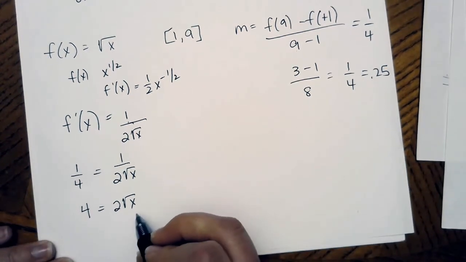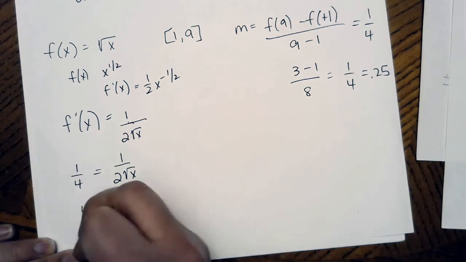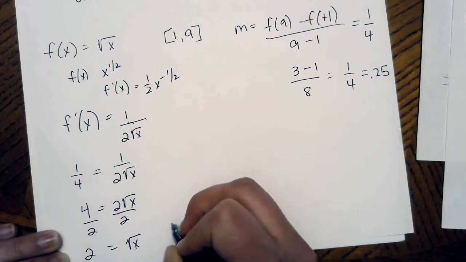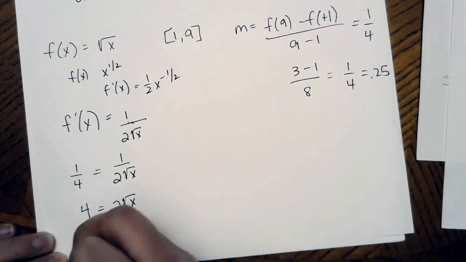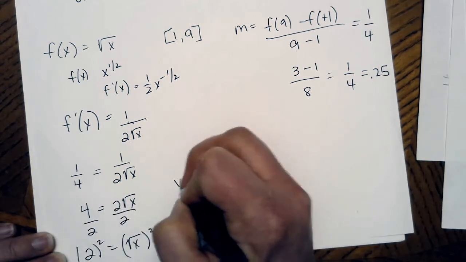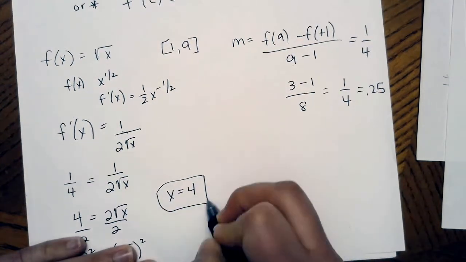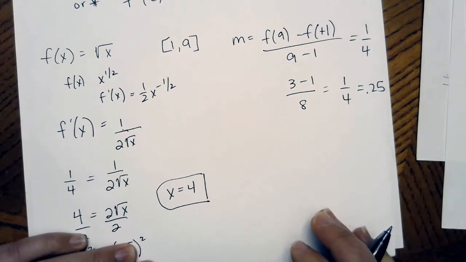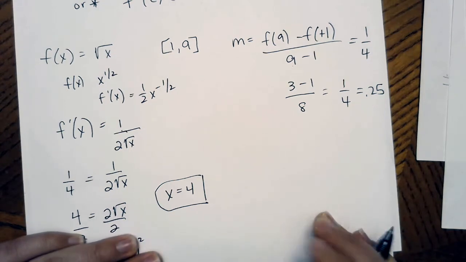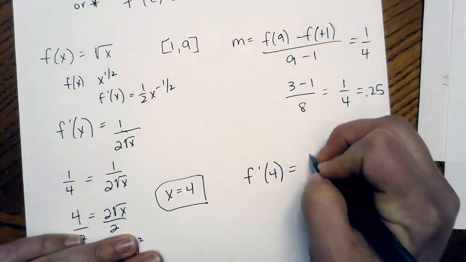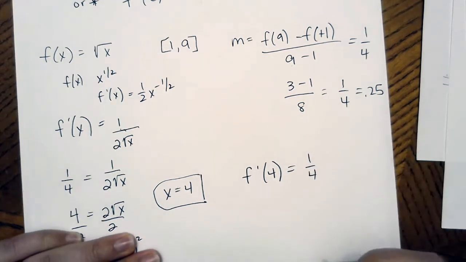To solve for the square root of x, we divide both sides by 2, and we end up with the square root of x equal to 2. To get rid of my square root, I'm going to square both sides, and I get x equal to 4. Now I proved algebraically what I could see graphically. So now we know that f prime of 4 is equal to 1/4.